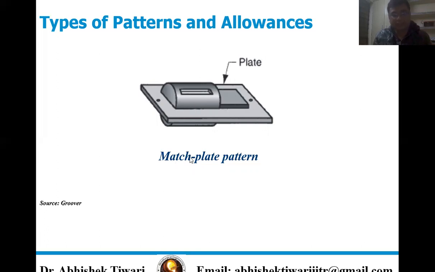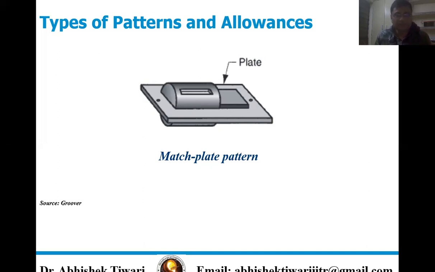So in this we have the match plate pattern. Here we are matching with the plate. Cope and drag patterns are similar to match plate patterns, except that the split pattern halves are attached to separate plates so that the cope and drag sections of the mold can be fabricated independently.